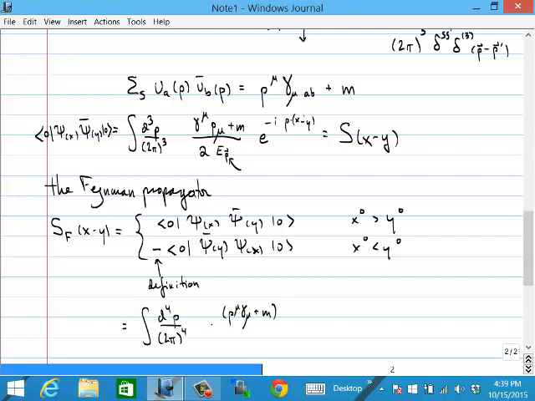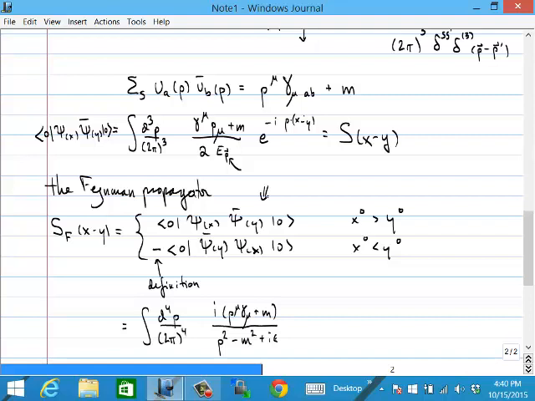And then the denominator is exactly the same denominator that we got when we studied the real scalar field, including this i epsilon that keeps track of which poles contribute when we do this contour integral. So that, for example, if x0 is bigger than y0, we close the p0 contour in the upper half of the complex p0 plane, and you get this guy.